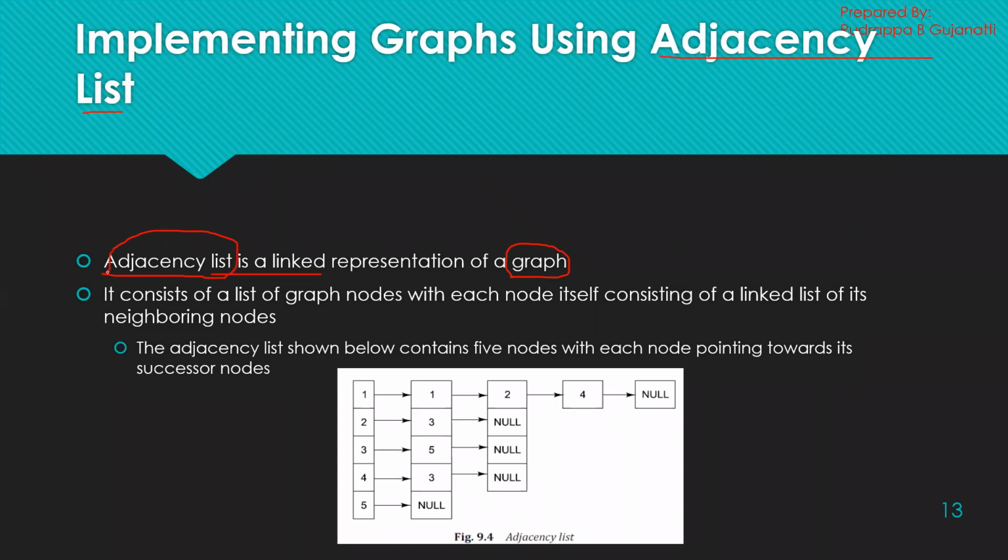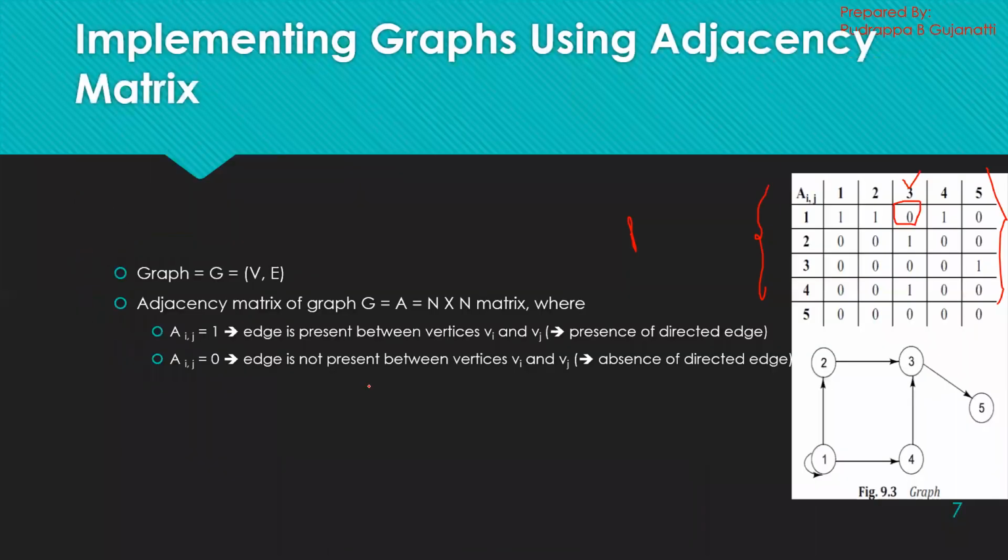Now, in this case, here we can see that I have node one. Node one will be having a list which will include who are the neighboring nodes present with respect to that node. Say, for example, I have node one.